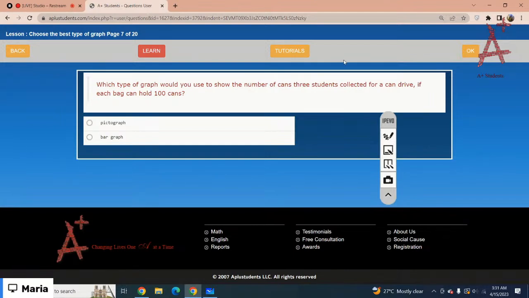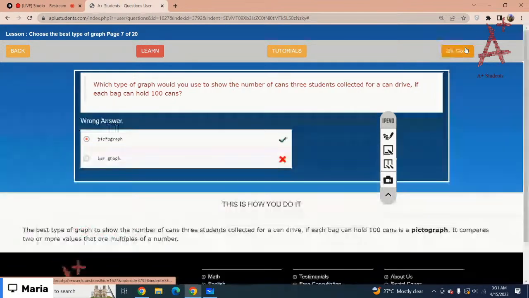Which is the correct option? Bar graph, I think. That would be the pictograph because it compares two or more values that are multiples of a number. Got it?